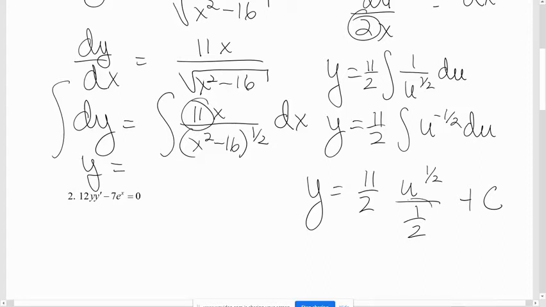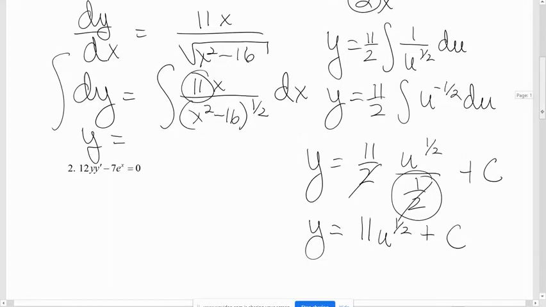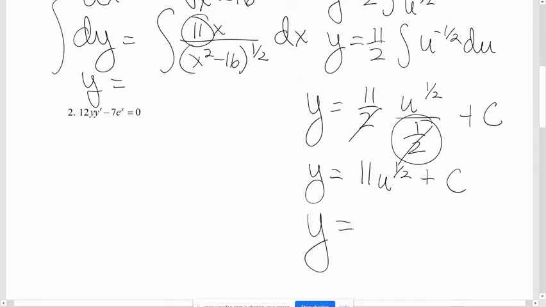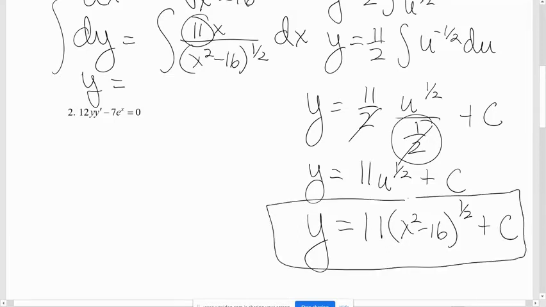Now this 1/2 right here, we're going to do the flip and a flop, and then that's essentially going to cancel that 2. So I would just be left with 11 u to the 1/2 plus a constant. And then I'm going to go y equals, and bring back the x, and that would have been x squared minus 16 to the 1/2 plus c. All right, so that's my general solution of the differential equation.